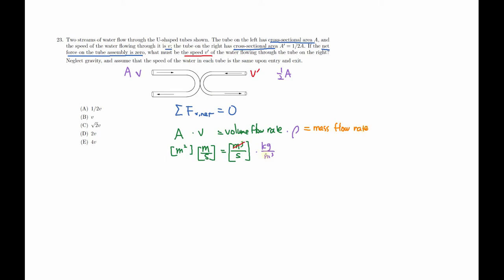So meter cubed cancels out, giving me kilogram per second. Now if I also multiply this by the velocity again, you will notice that meter per second is multiplied to our mass flow rate, kilogram per second.